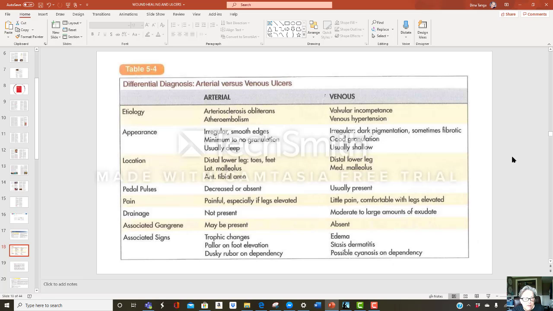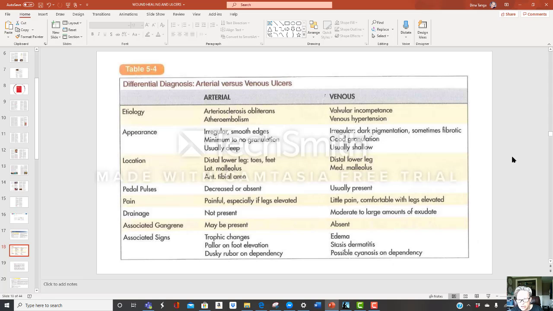Drainage, not present in arterial. No drainage with arterial ulcers. Wait. Back up. Venous is moderate to large amounts of exudate. So drainage, arterial, no drainage.